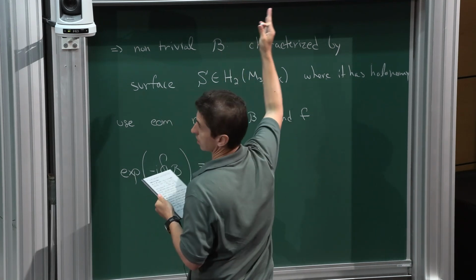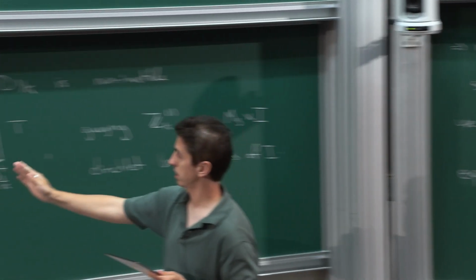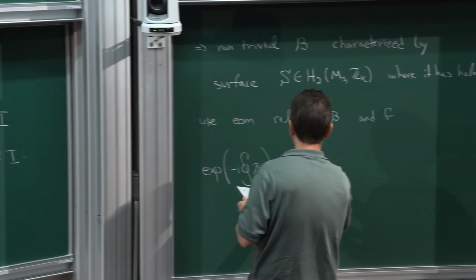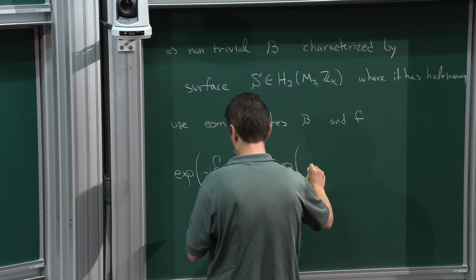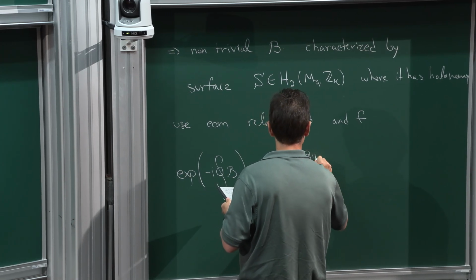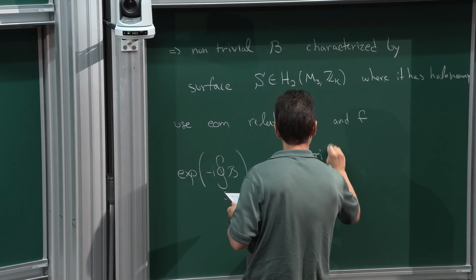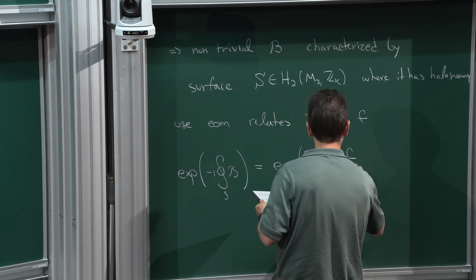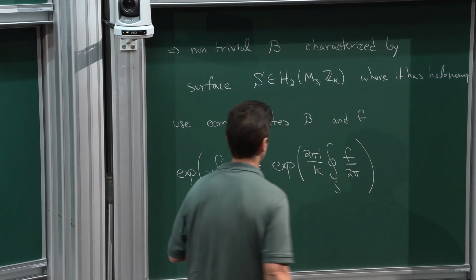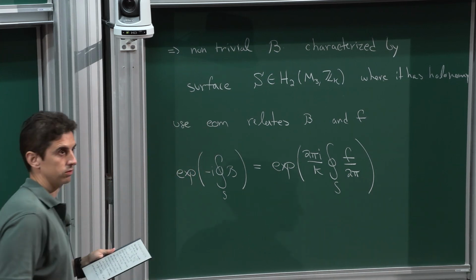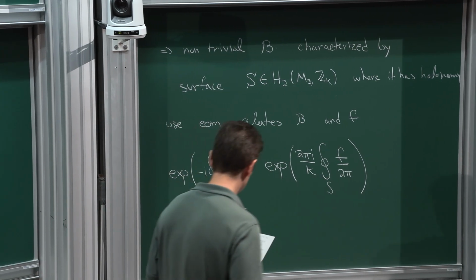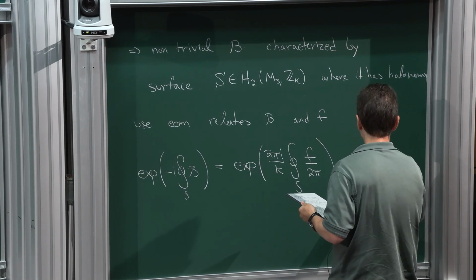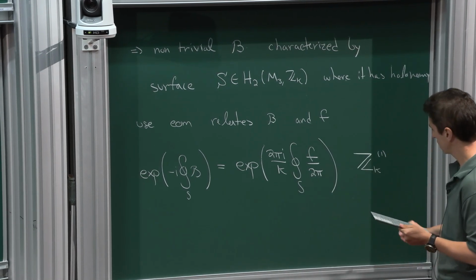Could be in the middle of the diagram, not necessarily at the endpoints where it vanishes. This is the same as 2 pi i over k integral over S of F over 2 pi. And what are these? These are the ZK one-form symmetry generators.